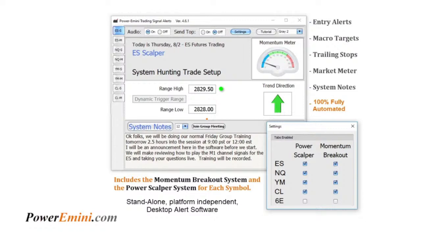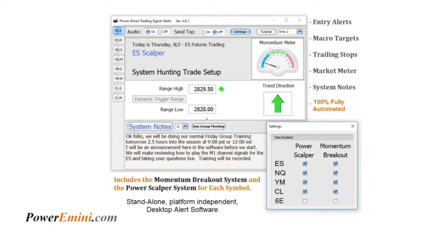Then we get the perfect storm, where not only do we have the most excellent technical setup, but at the same time we get a news event that exacerbates the move in that direction, positive or negative. And so again, if you can be in those days, that's where it counts.